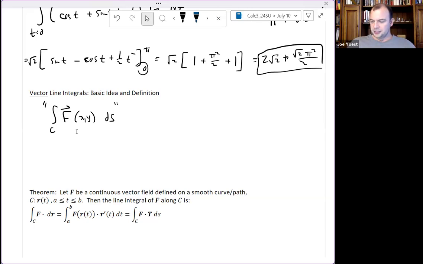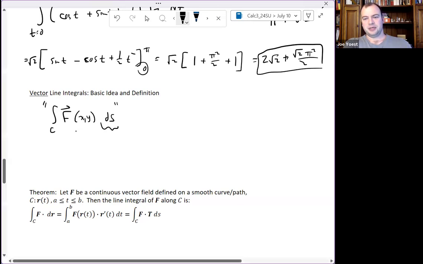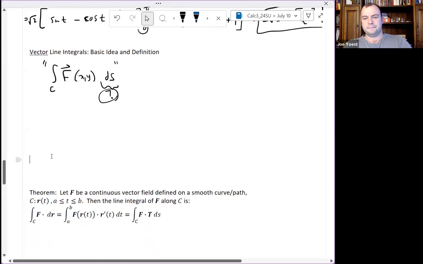Well, I guess I have a little bit of an issue here that I can't really just integrate vector times some kind of like ds kind of deal. I need to do something else over here. I need to do something with this, really just to make all of the details work out right.